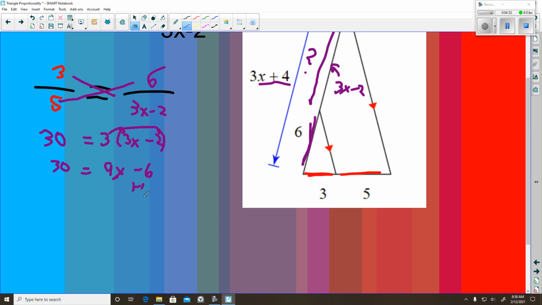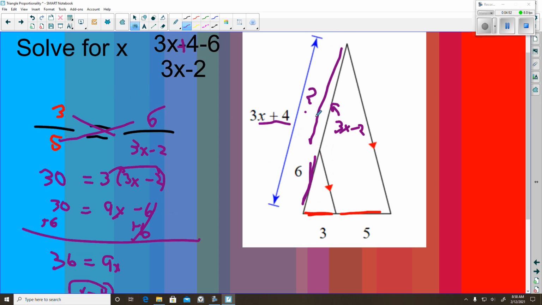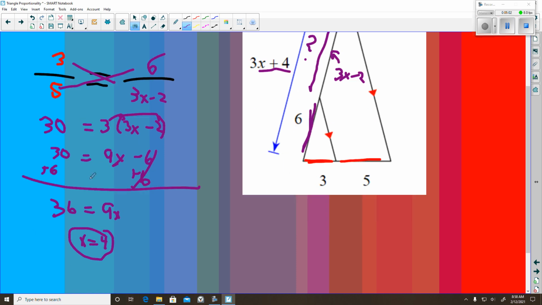Add 6 to both sides, and that's going to give you 36 equals 9x. When you divide, x will equal 4. Sometimes, like I said, all you have to do is figure out what that part is, and to do that, you have to subtract. So part small over big equals small over big. You can't do small over whole, because those aren't proportional.